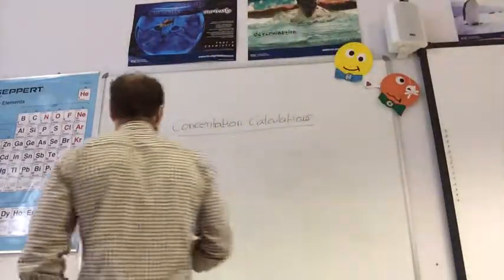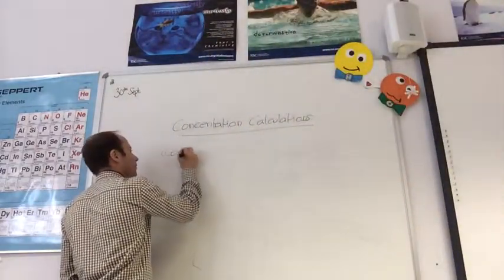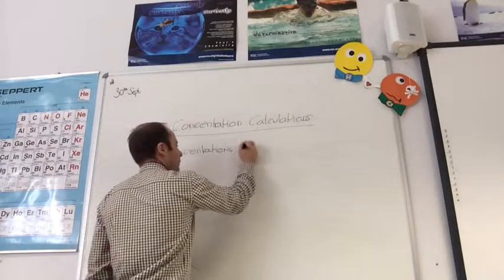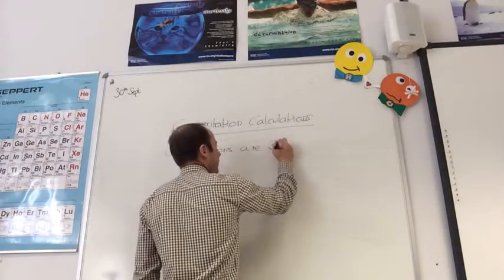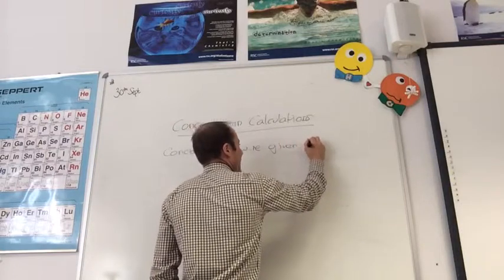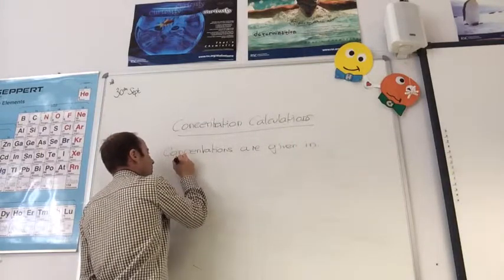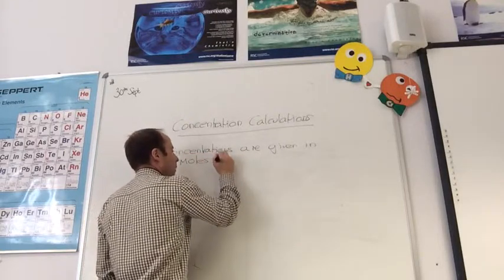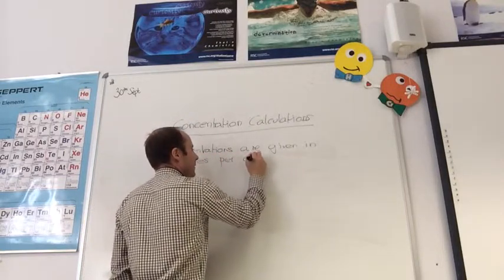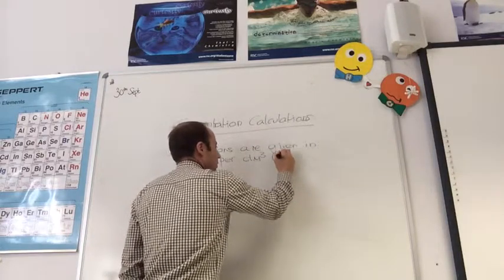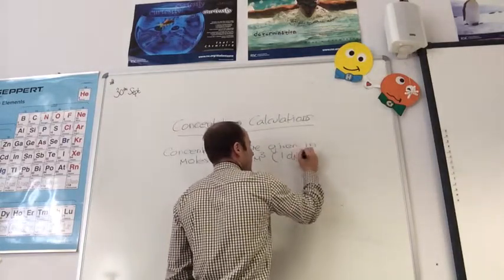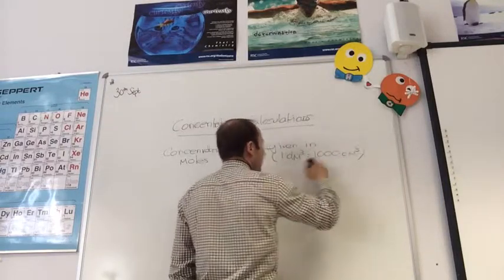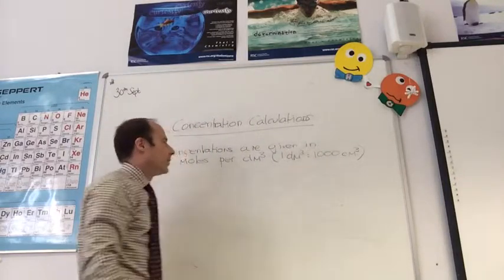So we'll say concentrations are given in moles per decimeter cubed. And just remember, 1 decimeter cubed is equal to 1,000 centimeters cubed. We're going to spend a lot of our time converting those two.